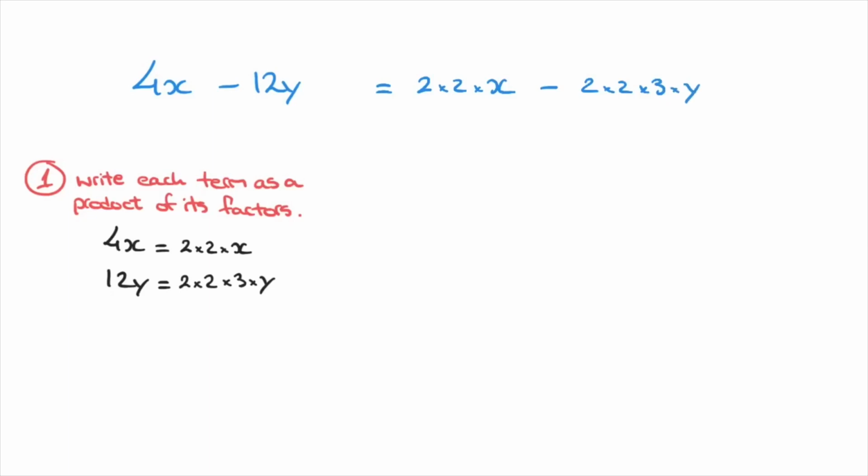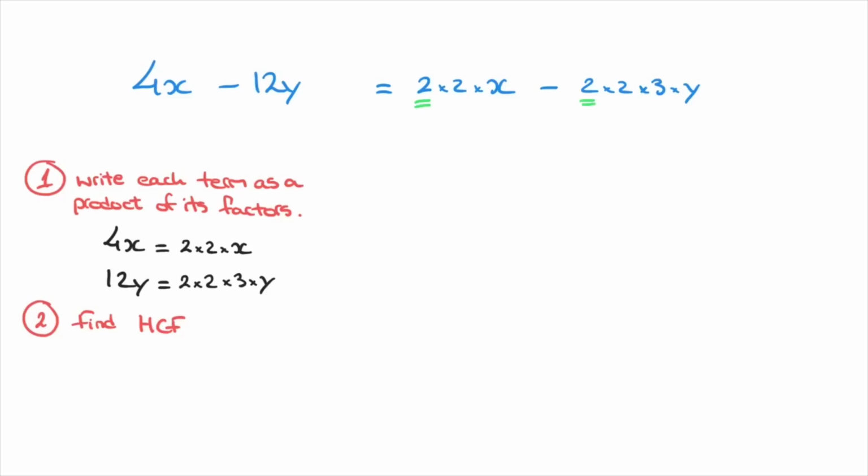We move on to step 2, and in step 2 we need to find the highest common factor of these two terms. So I'll just go ahead and say find highest common factor, so that's just HCF. Now to do that, all we have to do is look at both of these terms and their factors and underline every factor that these two terms have in common. So we can see that the first term has a 2, and so does the second term.